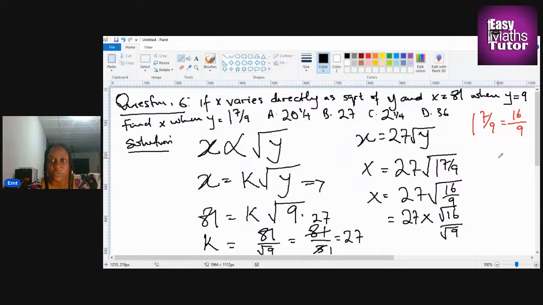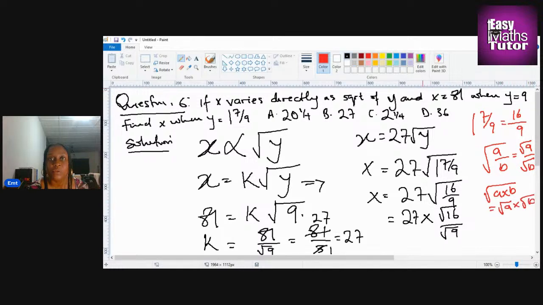Right? Remember the law in mathematics that states that the square root of a over b is the same thing as the square root of a all over the square root of b. And the square root of a times b is equal to the square root of a times the square root of b.